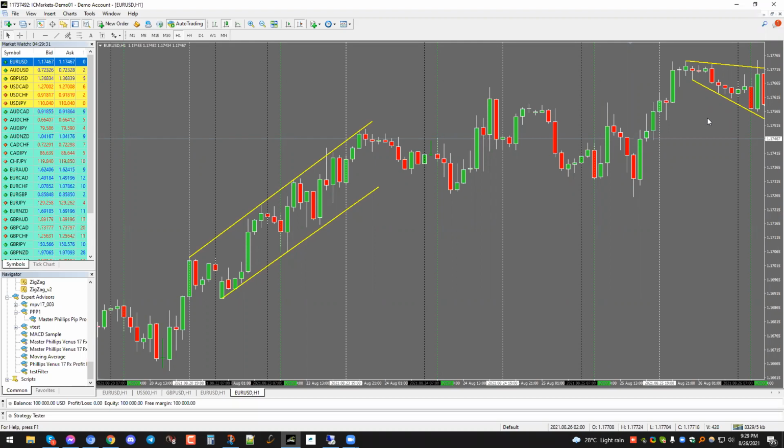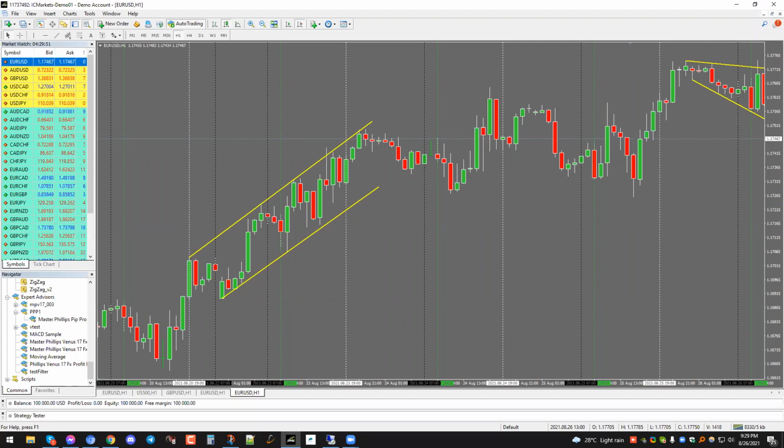Now, this would be a bullish formation, right? So this is telling you that you should only be favoring trades to the upside. Mark says triangle. It could also be referred to as a triangle. Some traders call it an expanding triangle, right?